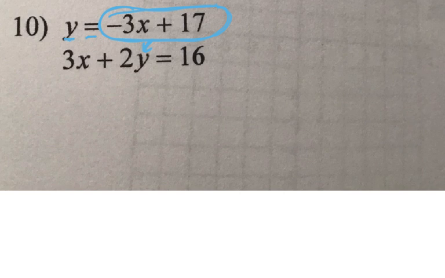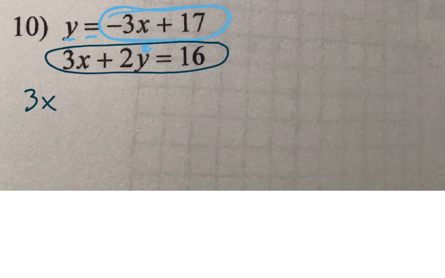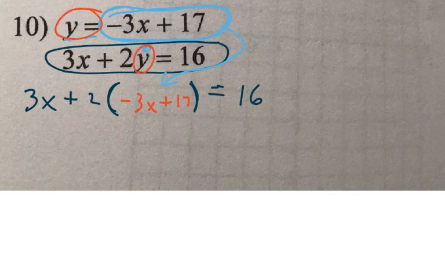I'm going to take this second equation here: 3x plus 2y equals 16. Notice I left a big blank with parentheses because now this is going to go in there. So negative 3x plus 17 we know equals y. Therefore, it's going to equal that y. That's the logic. It's called substitution, right?